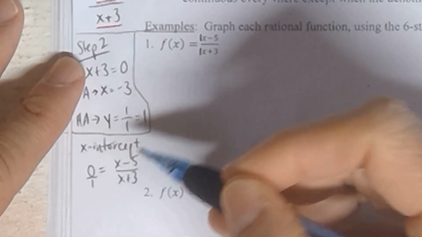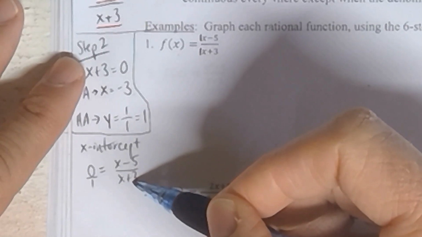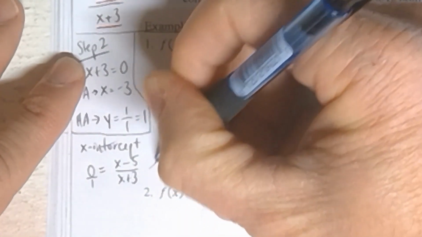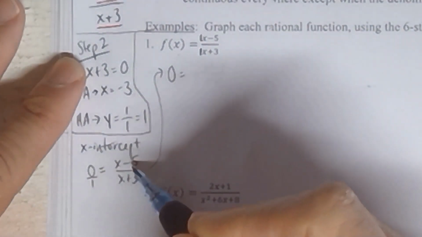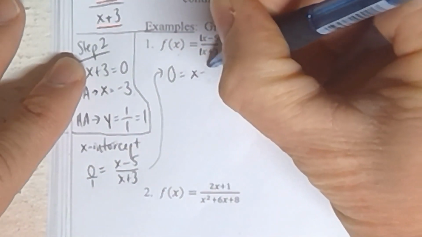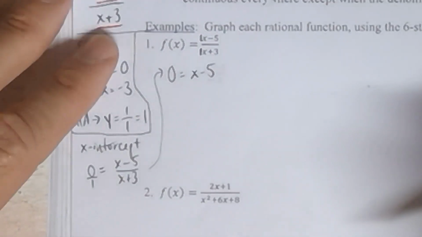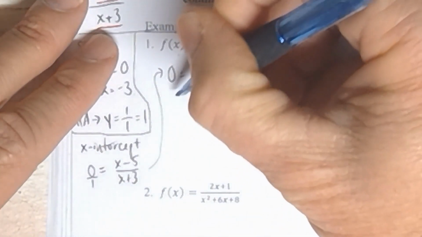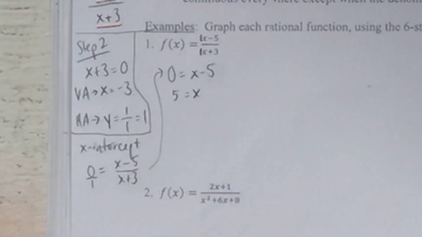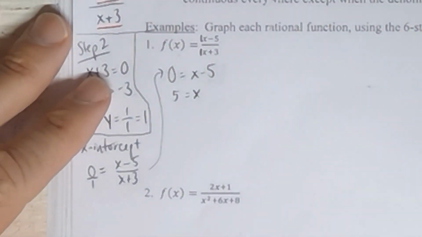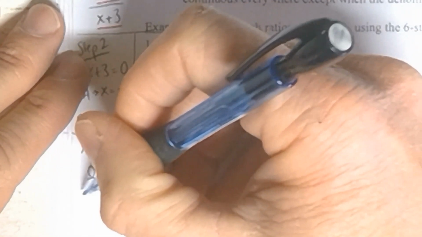But if I cross multiply, I get 0 times something is equal to 0. Let me write that down. And then 1 times x minus 5 is x minus 5. And then you solve that equation. Move the 5 over to the other side, and that right there is your x-intercept.